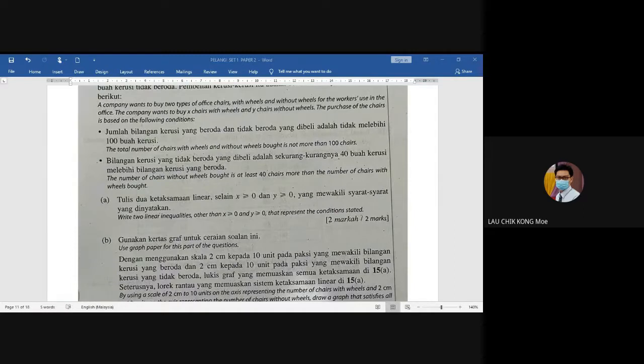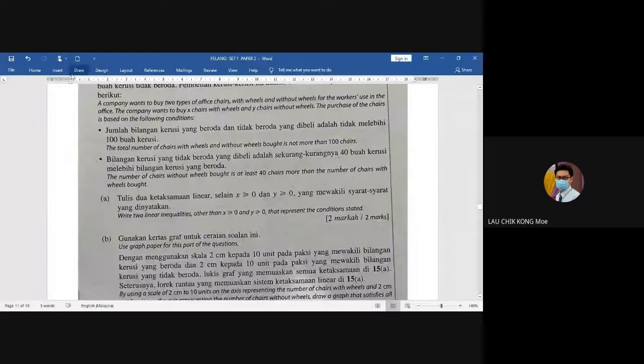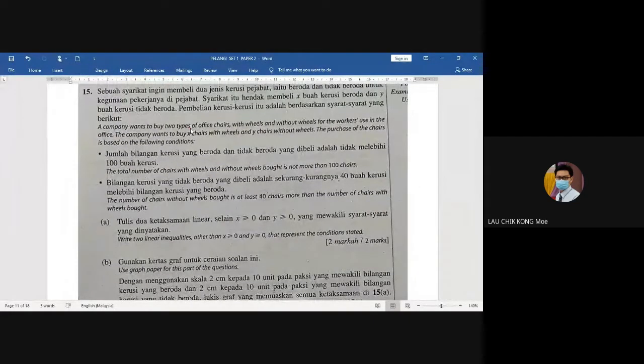If like that, you don't need to write down the X and Y anymore, you can directly use X and Y. So not more than. What do you mean by not more than? Not more than means less than or equal to.